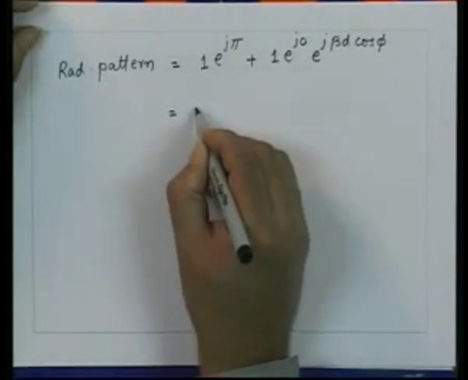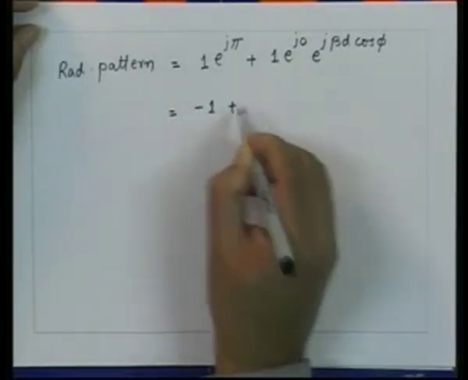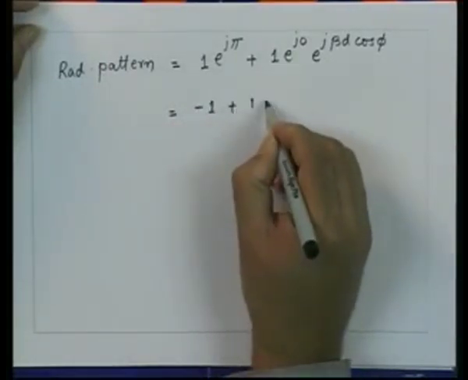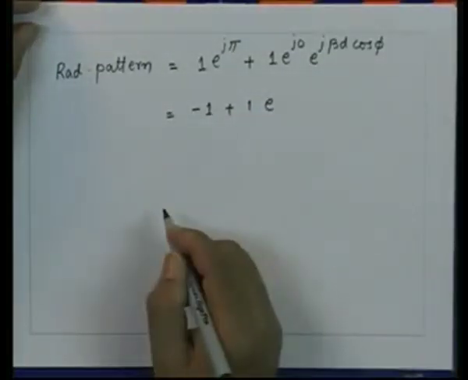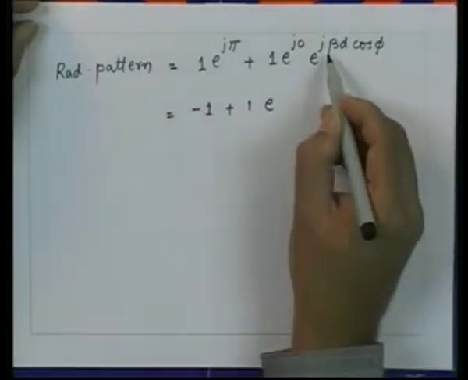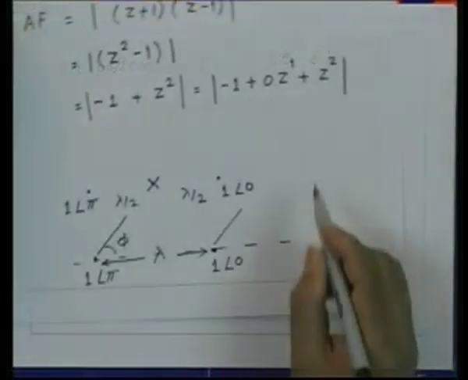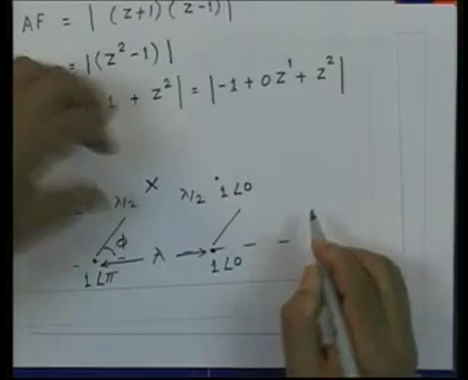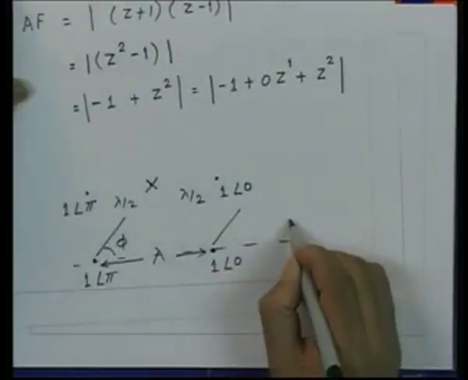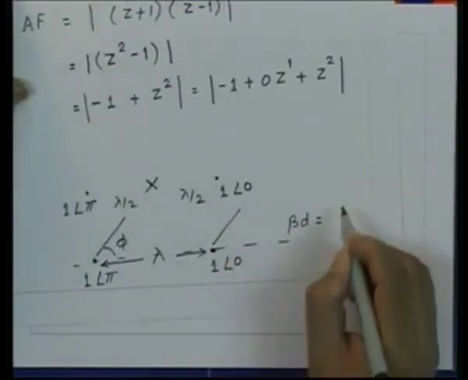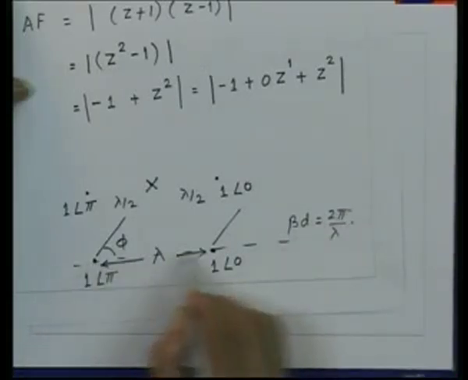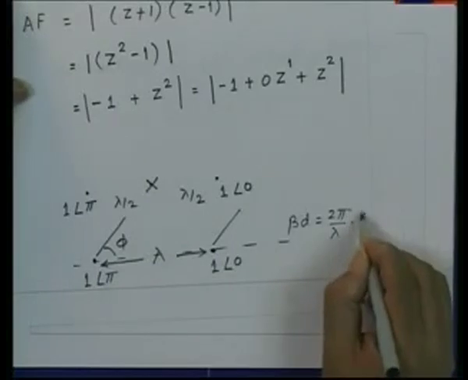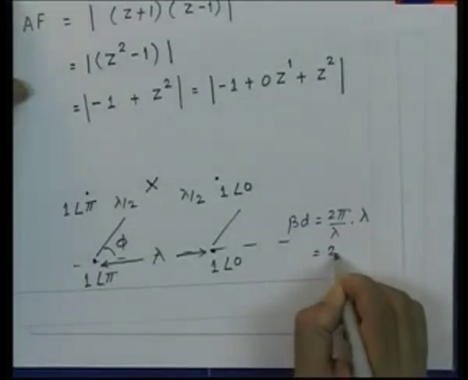So, that is equal to -1 plus 1 e to the power j beta d cos phi, but we have beta d in this case which will be equal to 2 pi by lambda into d, which is now lambda in this case. So, d which is equal to 2 pi.